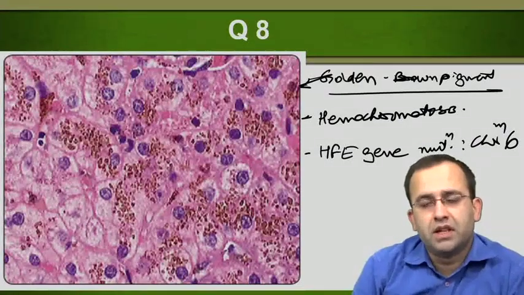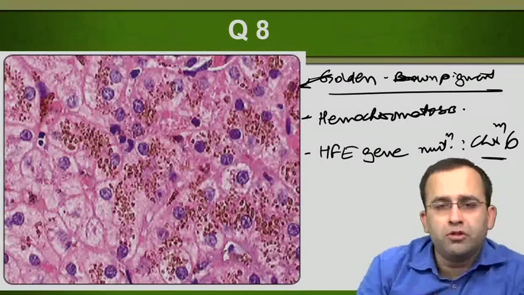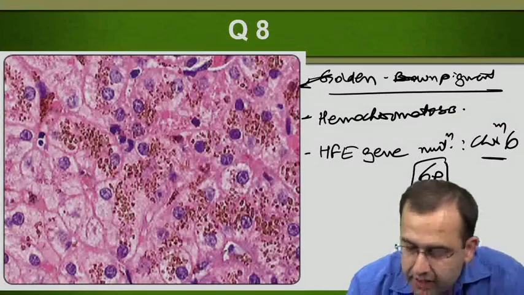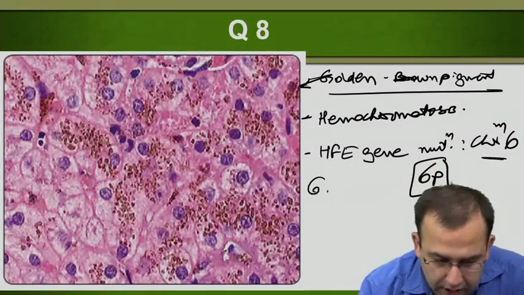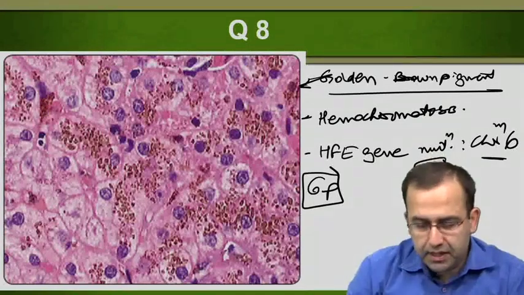Long arm, short arm? Short arm. P for petite. Chromosome 6p. Short arm of chromosome 6.